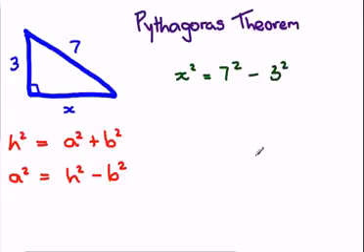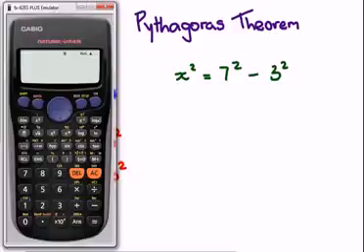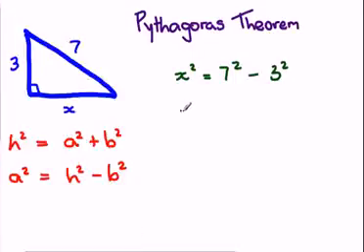Okay, that's again simply substituting our information from our diagram into this equation. Let's bring up our trusty calculator, and this time 7 squared take away this time 3 squared equals 40. Okay, so in this case x squared equals 40.